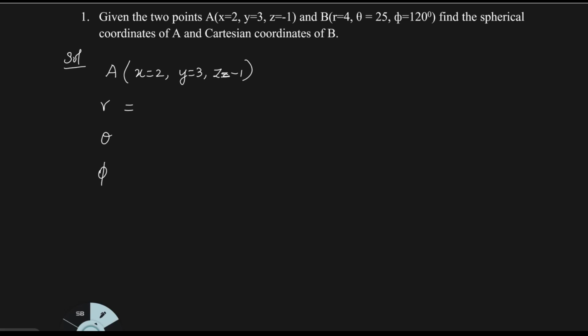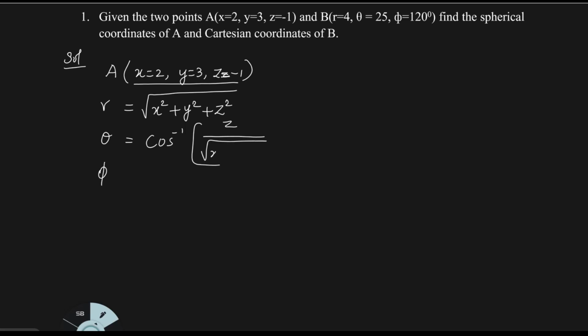The formula to calculate r from x, y, z is r equals the square root of x square plus y square plus z square. For theta, the formula is cos inverse of z divided by the square root of x square plus y square plus z square. Then pi is tan inverse of y by x.